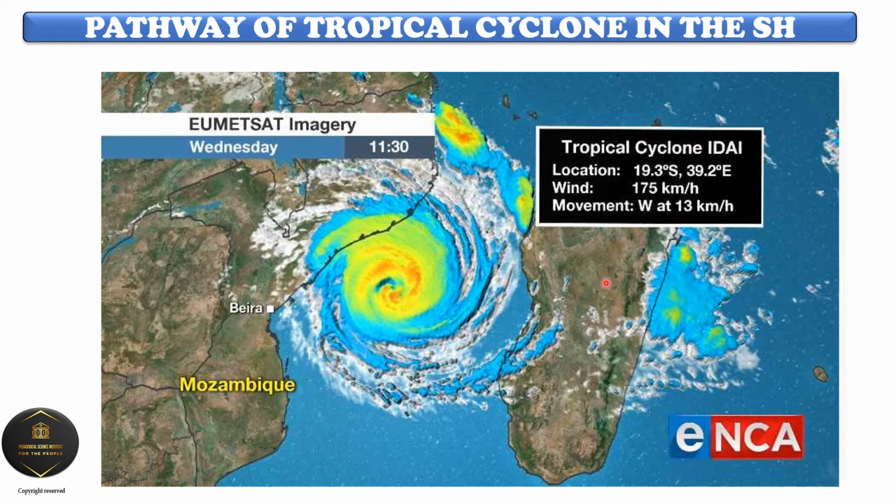fuels up again. Because remember, Madagascar is just an island there, so the system will come from that side and go over Madagascar. So remember, as it moves over the land, it's going to be losing the heat source, the moisture source, and it's going to weaken as a result.